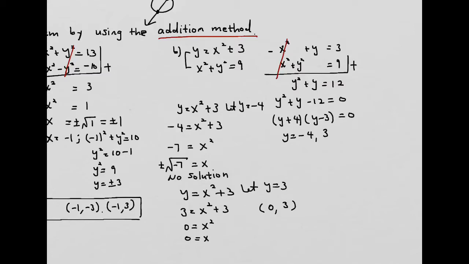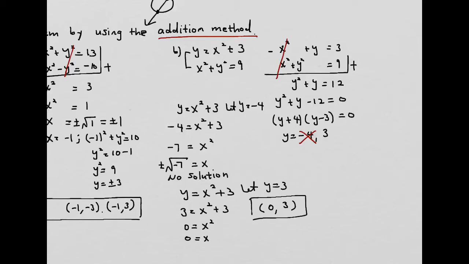Even though I found 2 solutions here, this -4 didn't work out because for x, I end up getting no solutions, imaginary units. So we need to cross out that solution. And when I replace 3 for y, I end up getting 0 for x.